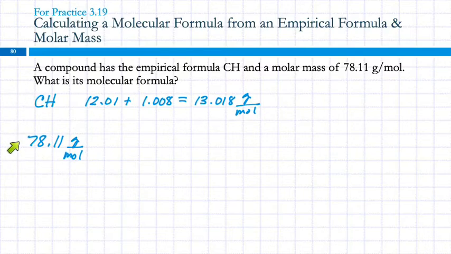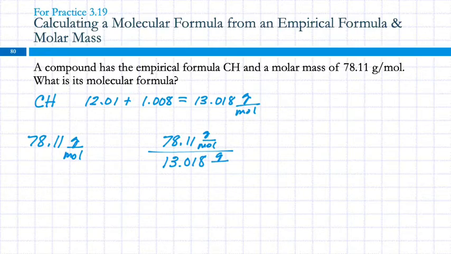So the molecular formula is not the same as the empirical formula. How do I figure out how many times bigger it is? I use division. 78.11 grams per mole, divide by the mass of the empirical formula. And this should always give you a pretty good whole number. If it doesn't, you've got a mistake somewhere.